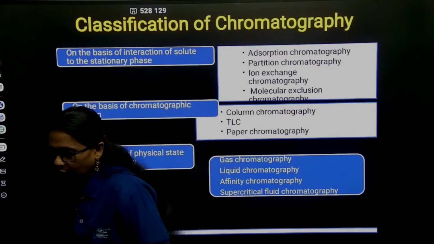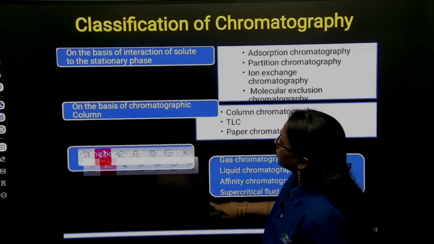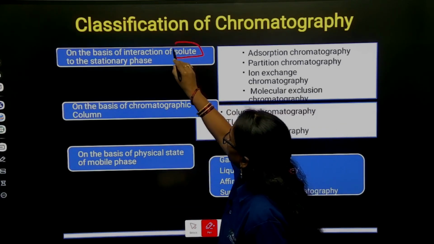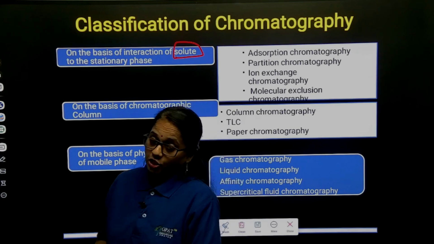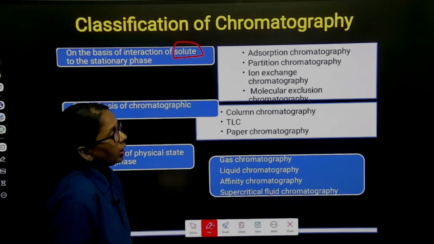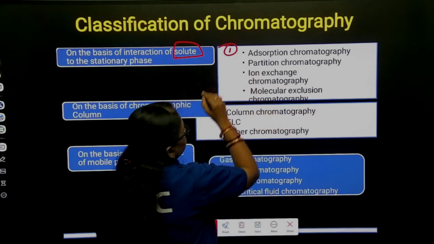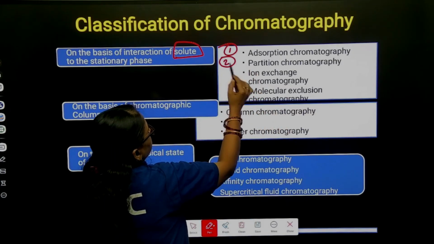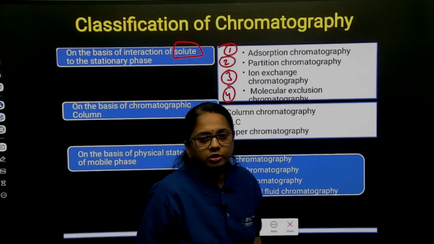The first one is on the basis of interaction of the solute, that means whatever analytes are there, the interaction of the solute towards the stationary phase. On this basis, chromatography has been divided into adsorption chromatography, partition chromatography, ion exchange chromatography and molecular exclusion chromatography.